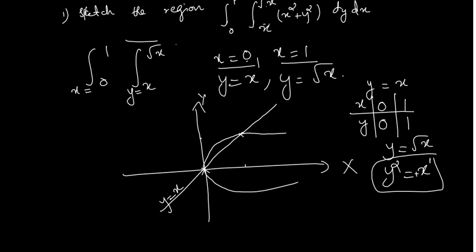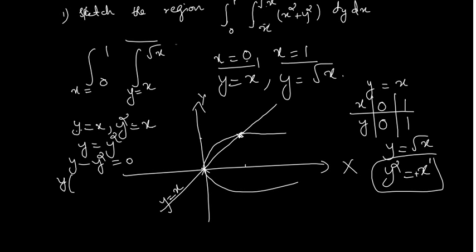And there is a point of intersection. To find this point, solve these equations: y is equal to x and y square is equal to x. Solving these two equations, this is x, y. Here also x is y square. That means y is equal to y square, or y minus y square is equal to 0. If you put y outside, y into 1 minus y is equal to 0. So either y is 0 or 1 minus y is 0.